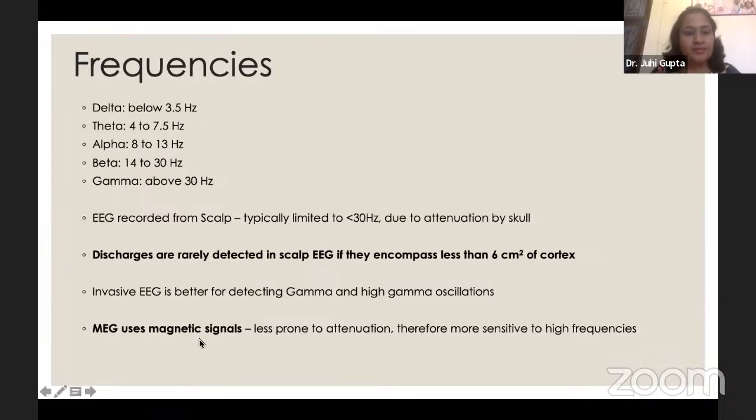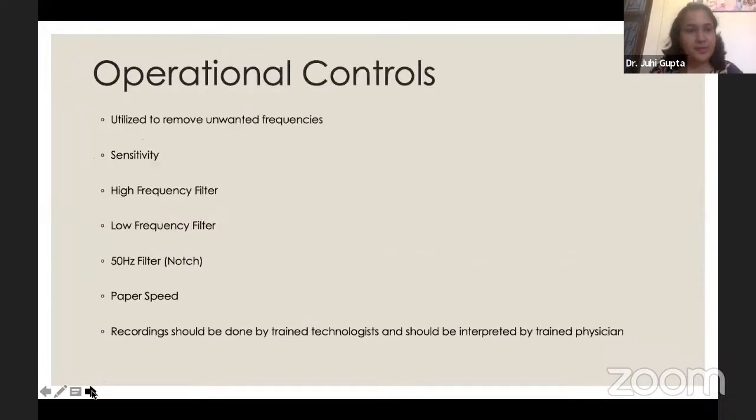So invasive EEG is actually better for detecting the gamma and the high gamma oscillations. But for basic EEG recording, less than 30 hertz is usually sufficient. And MEG uses magnetic signals, which are less prone to attenuation, so more sensitive to higher frequencies.